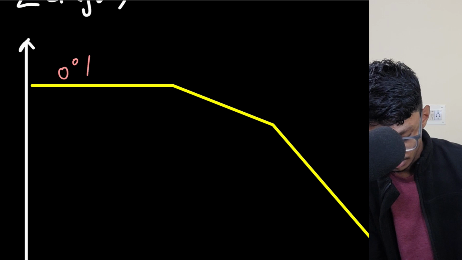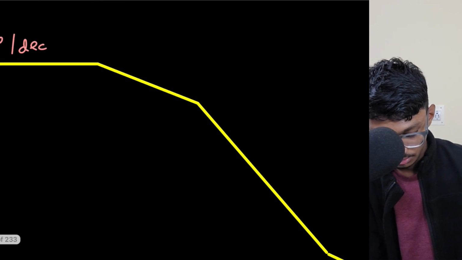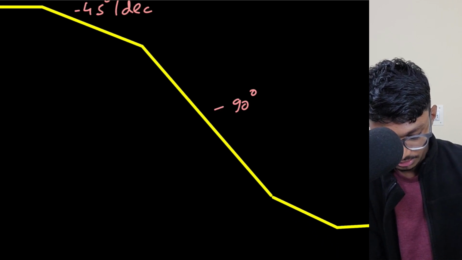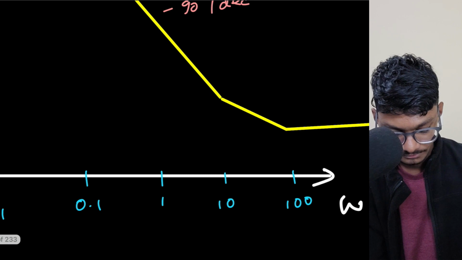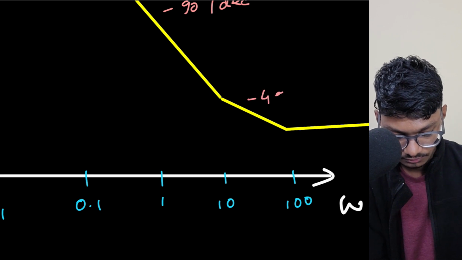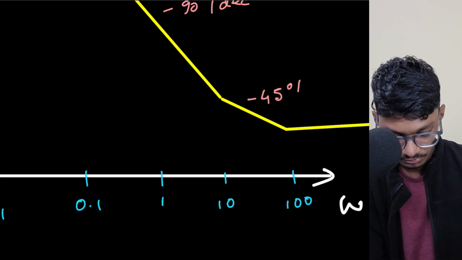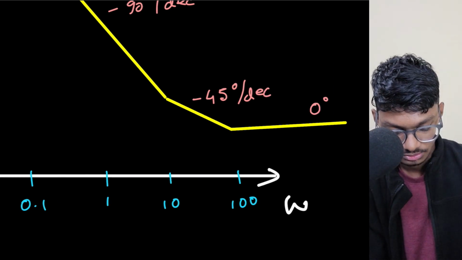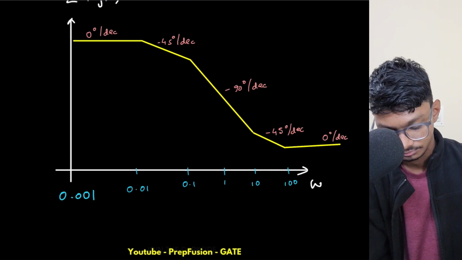This is 0 degree per decade, this is minus 45 degree per decade, this is minus 90 degree per decade, this is again minus 45 degree per decade, and this is 0 degree per decade.